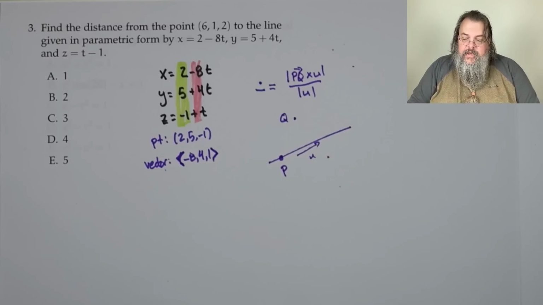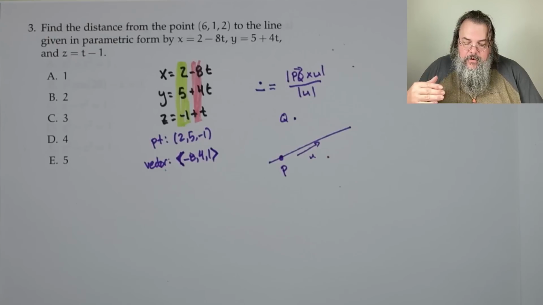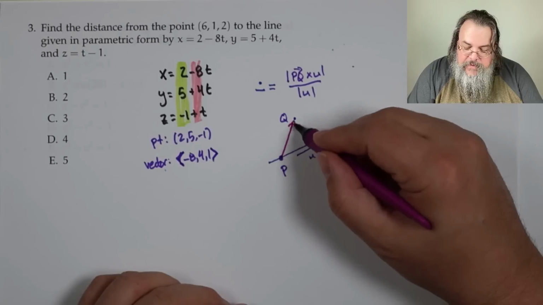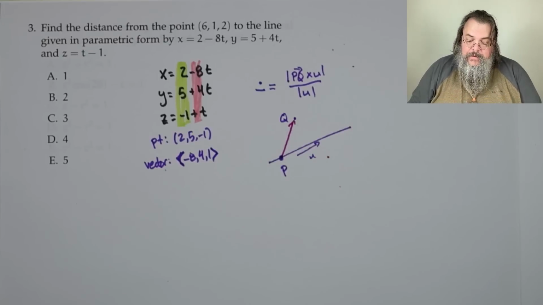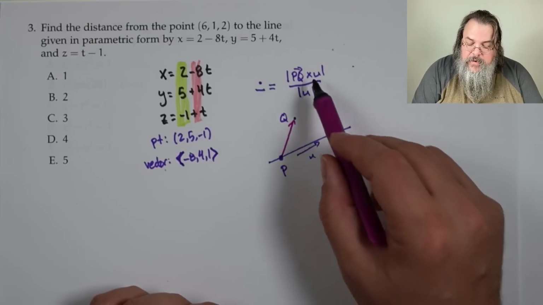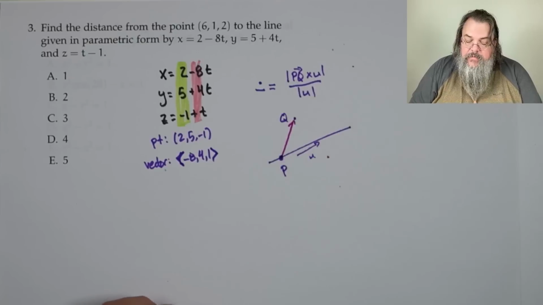And it says, if you want to find your distance, find this vector from the point P to the point Q, then do the cross product, find the magnitude, and divide by the magnitude of the direction vector.